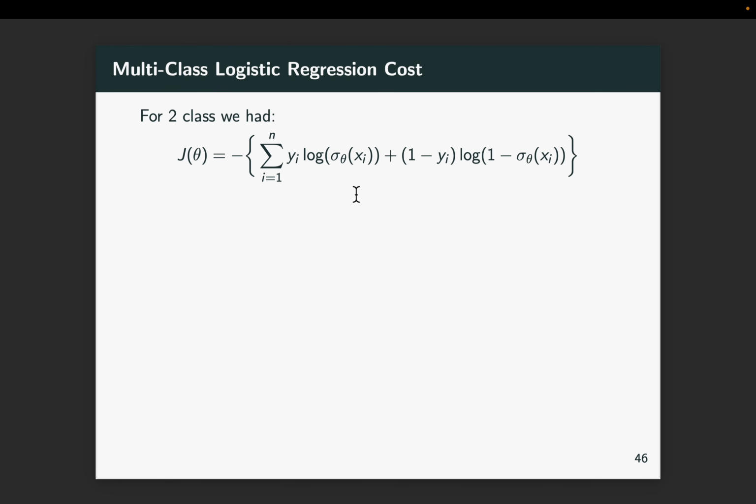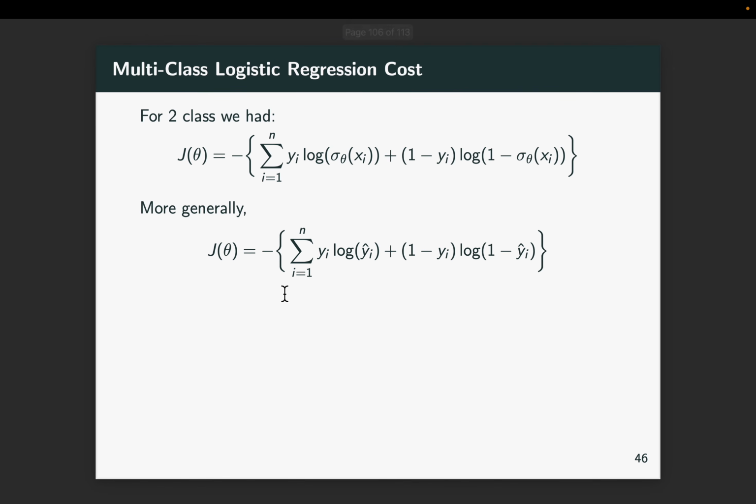If we were to show the generalization of the cost function, for the two classes we had J theta equal to minus summation over the n examples of yi log yi hat plus 1 minus yi log of 1 minus yi hat. We can also notice that here we are dealing with class 1 and here we are dealing with class 0.